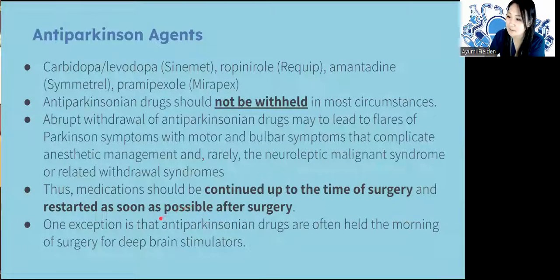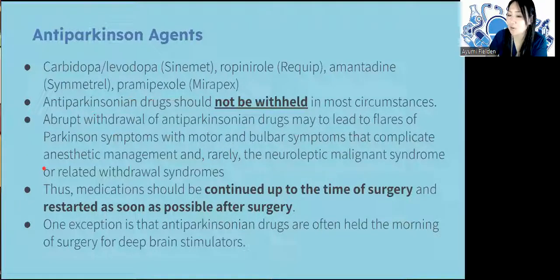What about anti-Parkinson medication? This is, again, another one that is kind of case by case, but it should not be withheld in most circumstances. Abrupt withdrawal of anti-Parkinson medication may lead to flares of Parkinson syndrome, but some surgeries will require them to be on a slightly lower dose.